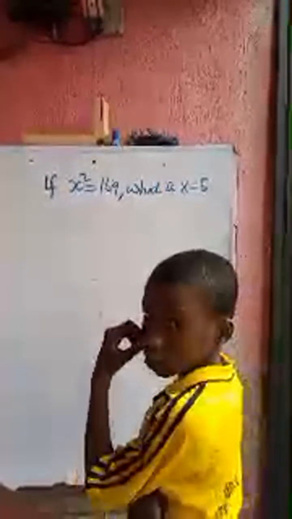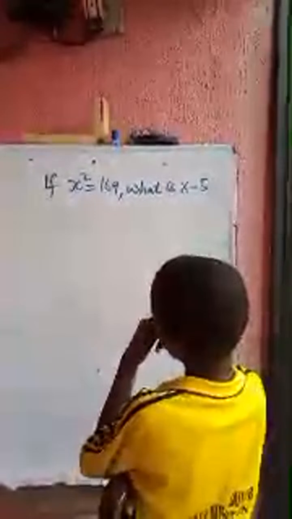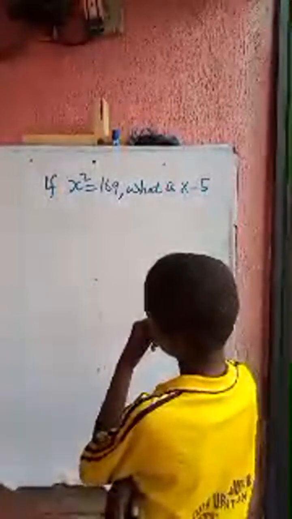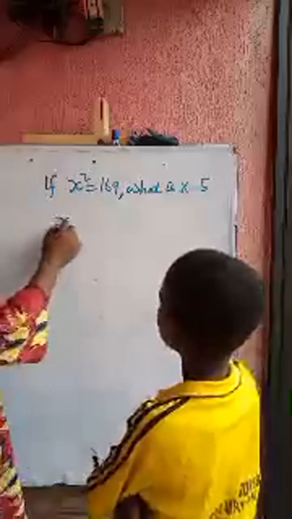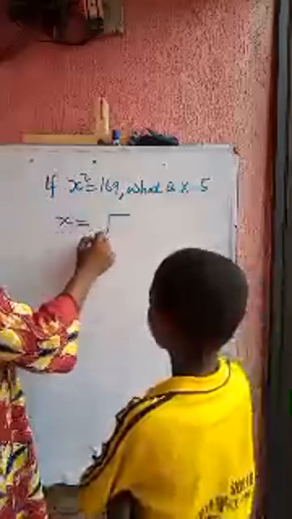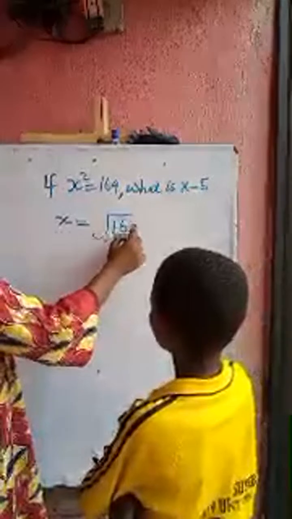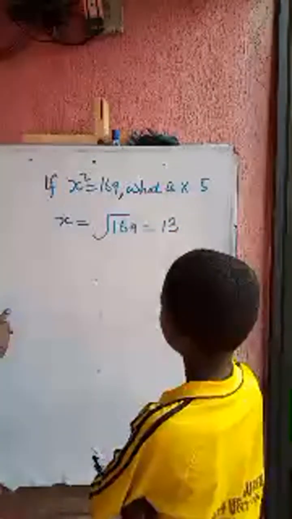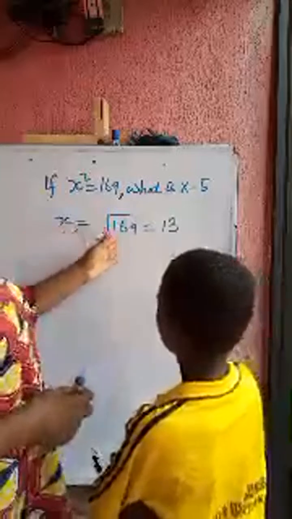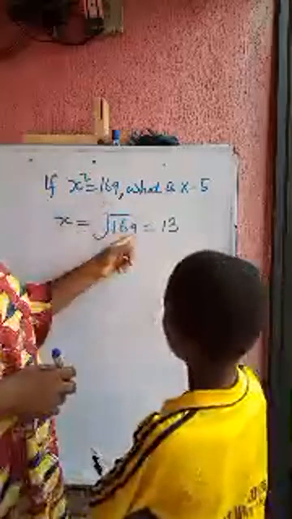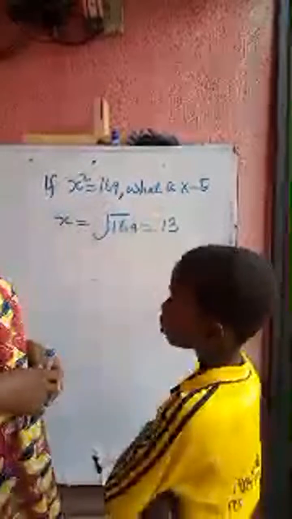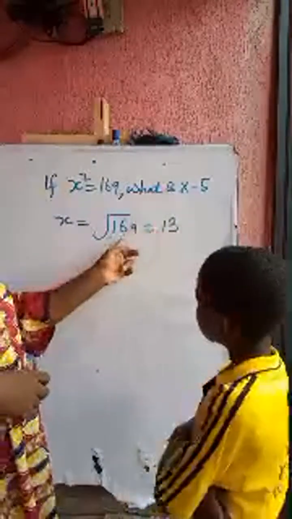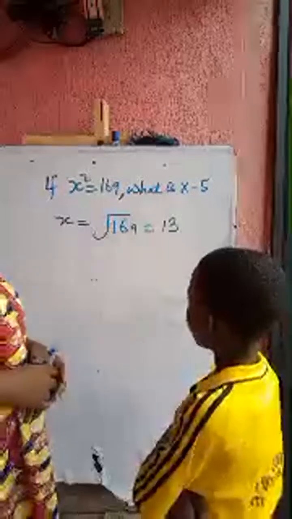We begin by looking at the square root of 169. So we say x equals the square root of 169, and that will give us 13, because 13 times 13 gives us 169.